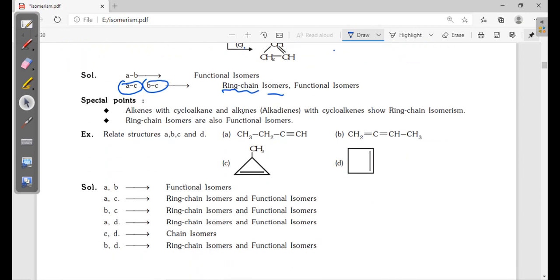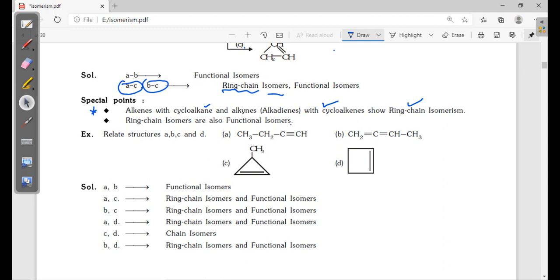Note the special points. Alkenes with cycloalkanes, and alkynes and alkadienes with cycloalkenes show ring chain isomerism. The simple concept is that one ring is equal to one pi bond.